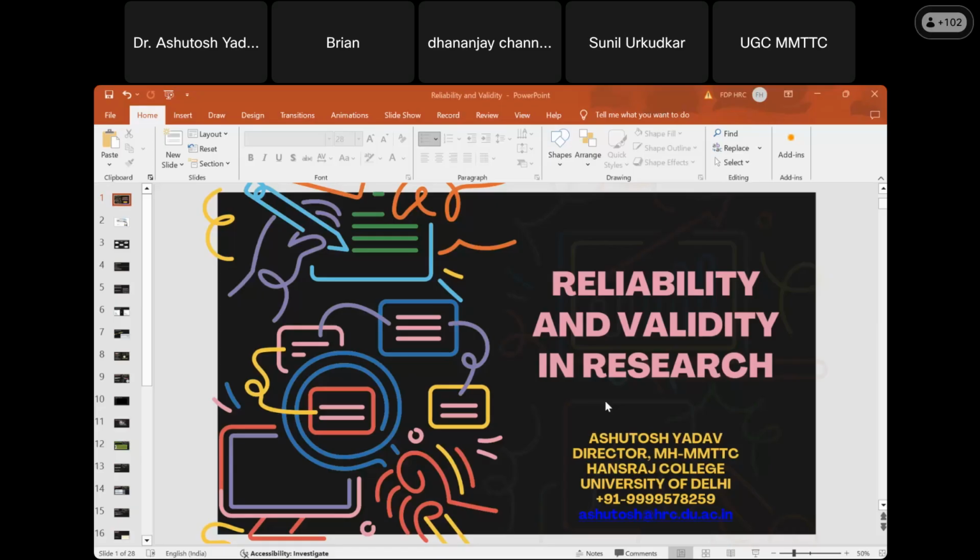So we make an assumption that it is valid. Reliability and validity are not the concerns in the case of secondary data. There we are looking for the normality of the data, the stationarity of the data, and other characteristics. Those are the different concerns for secondary data.